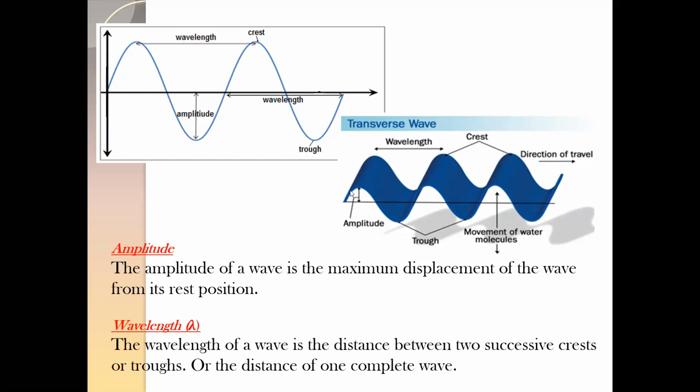Wavelength is the distance between two successive crests or two successive troughs, or the distance of one complete wave. Because crests and troughs are easy to identify, we use the distance between two successive crests or troughs. But it can also be the length of one complete wave. That's also called wavelength.